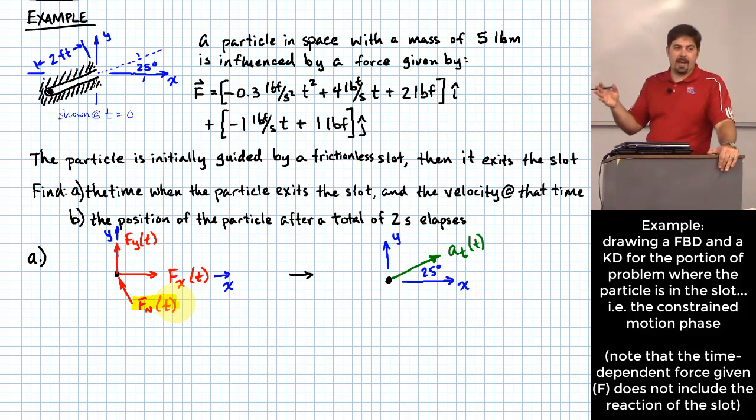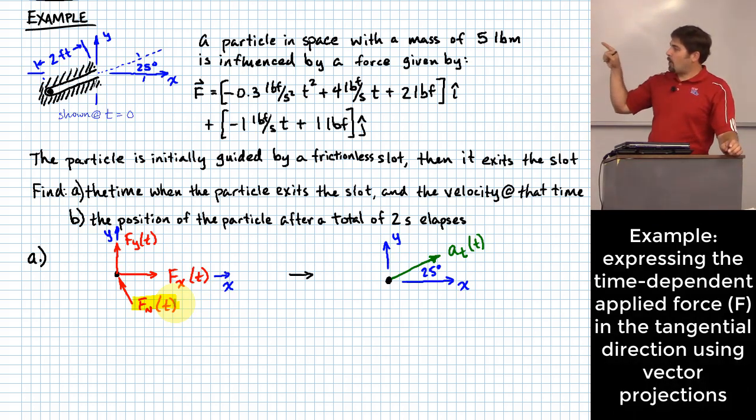I know there's a force being applied, but I don't know a function or anything that gives that to me. So because I would like to use normal and tangential coordinates here, and really it's the tangential one I care most about, I can take my Fy and Fx and convert them into a force along the tangential direction.